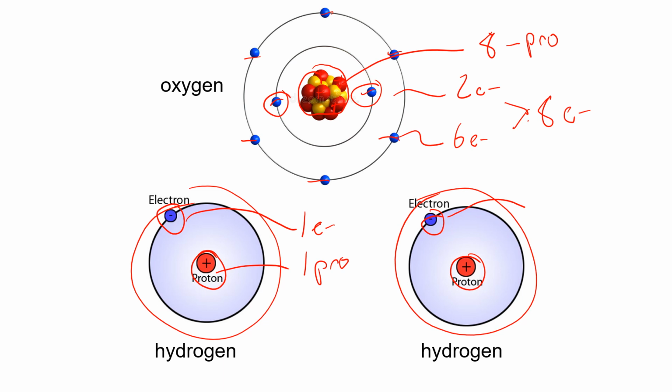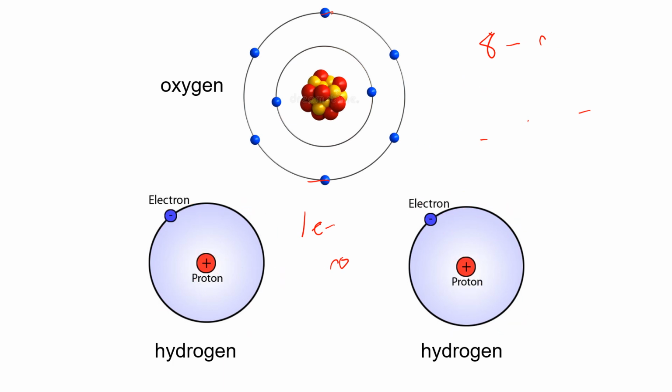What we have here is a situation where we've got an oxygen atom that has 1, 2, 3, 4, 5, 6 electrons in its second shell when it would like to have 8, and we have 2 hydrogen atoms that each have 1 electron in their first shell when they would like to have 2.